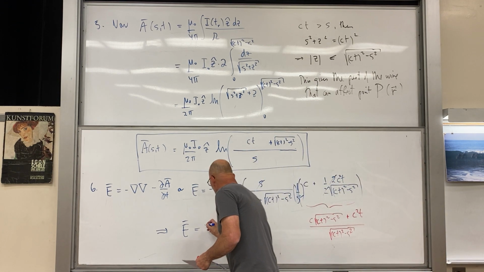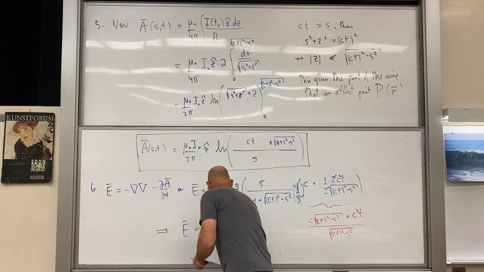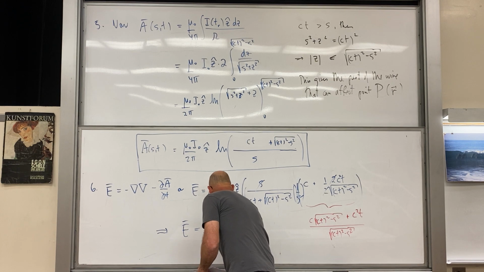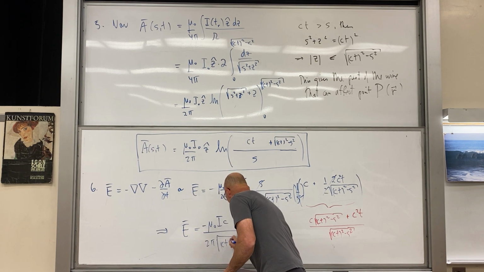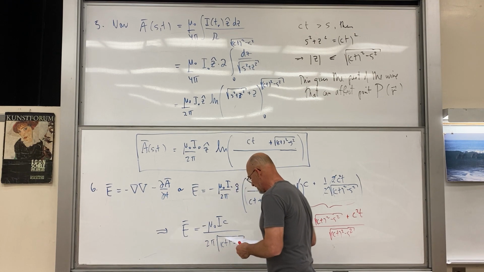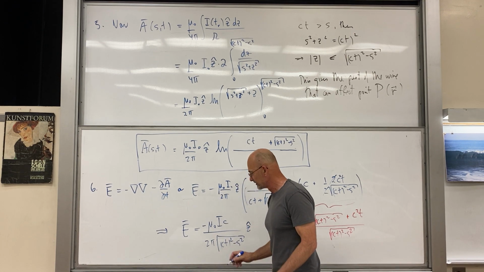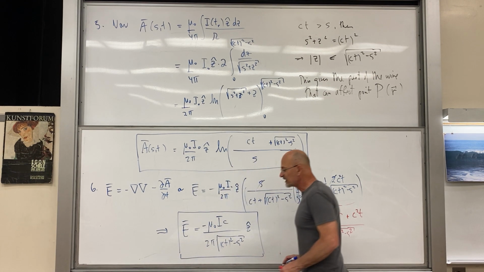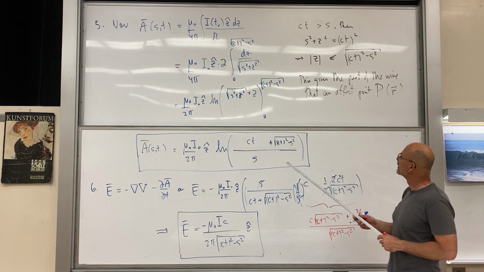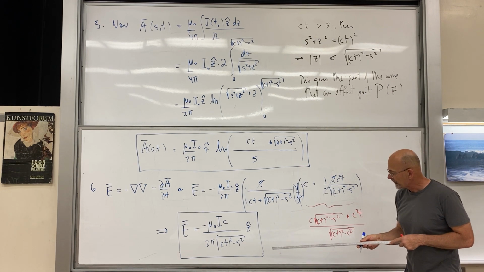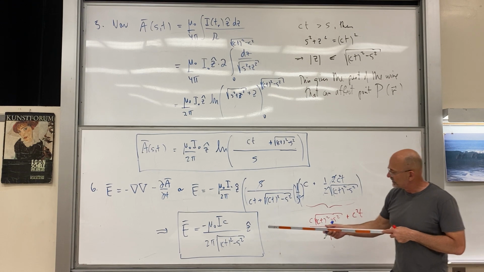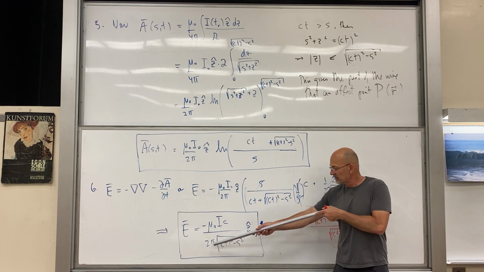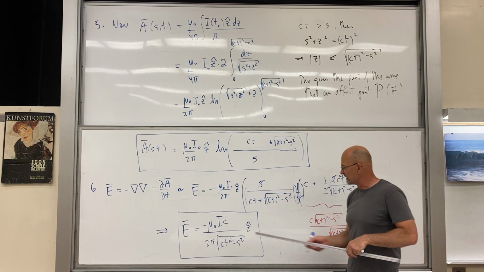We have minus mu naught I times C, extra factor C there, 2 pi root CT squared minus S squared, and Z hat. So this is something we don't usually see with a straight wire, which I've erased. But notice, this is transient because when t goes to infinity, the denominator grows out of all bounds, and the thing vanishes. So that's important here.